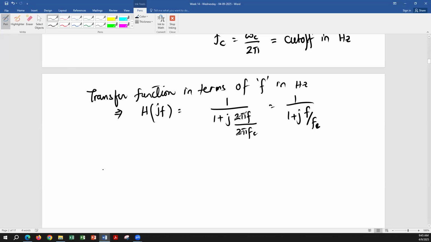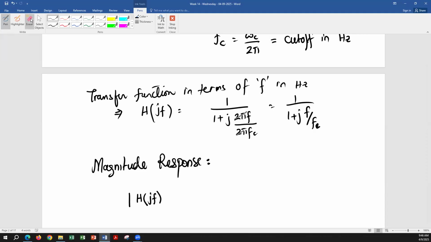So let me ask you this. If I want to write down the magnitude response expression, let's just start with H of jf. H of j omega is the same.